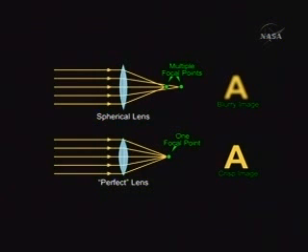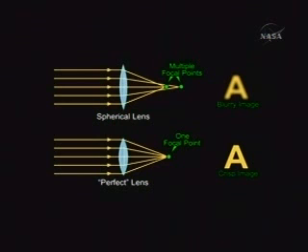The beams that come in around the periphery of the lens are brought to a focus by the lens at one point. And the beams that come in closer to the center of the lens are focused at a different point. And in a spherical lens, in a spherically aberrated situation, there's no way you can adjust the focus to make all those points come to a sharp focus at the same time, at the same place. And consequently, you get a blurry image, as you see with that upper A.